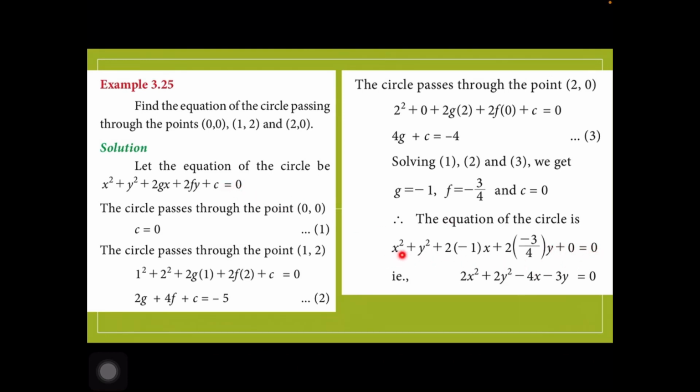So x square plus y square minus 2x minus, sorry not 6y, 2 and 4 will get cancelled, so it is minus 3 by 2 y is equal to 0. Now take 2 as LCM and the whole equation becomes like this.